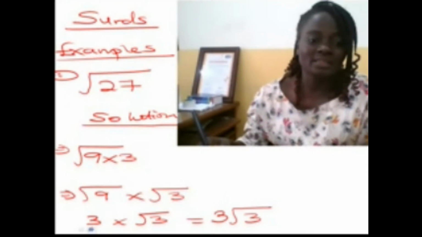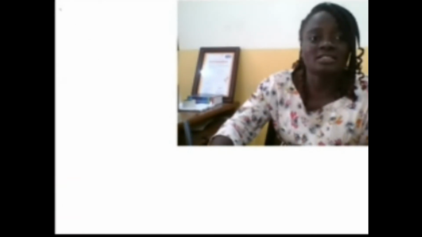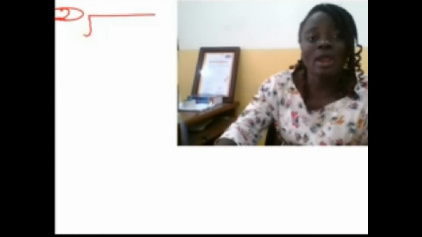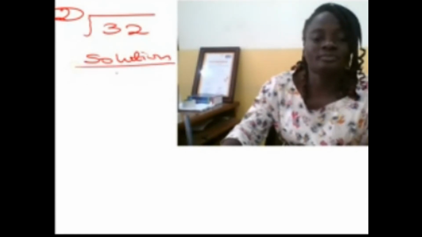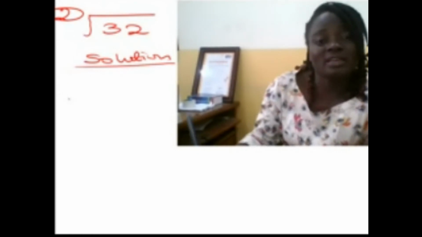Okay, let's pick another example. Example 2. Always ensure that you have a perfect square number inside. We are giving ourselves the square root of 32. How do we solve this and leave our answer in surd form?